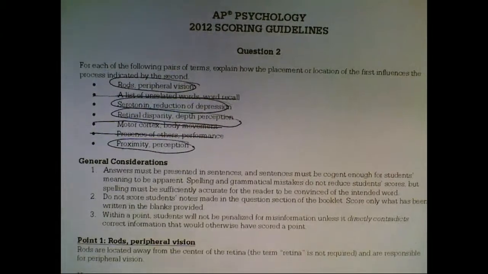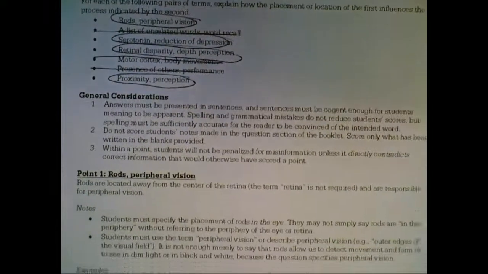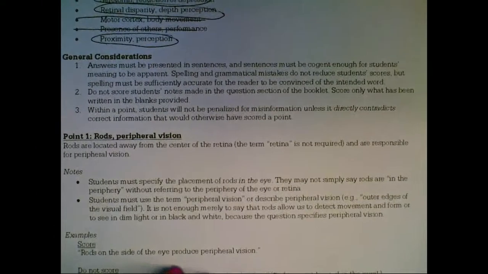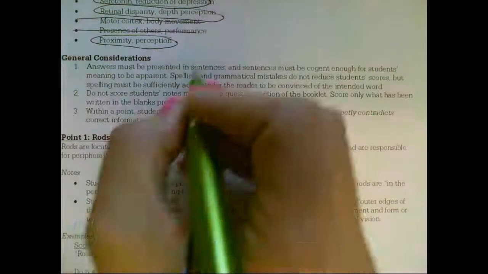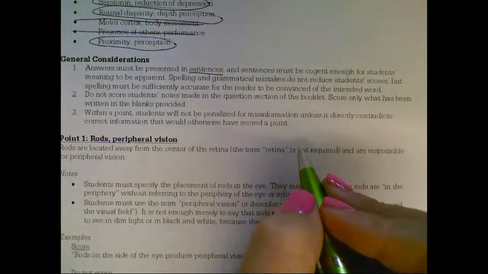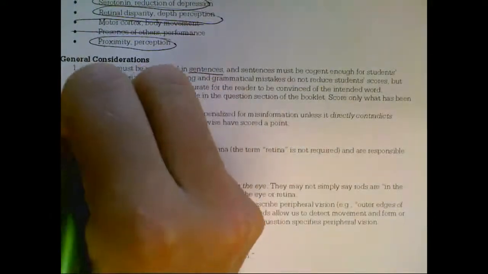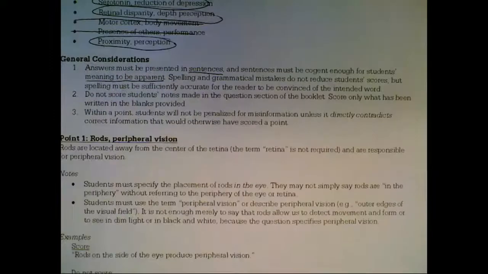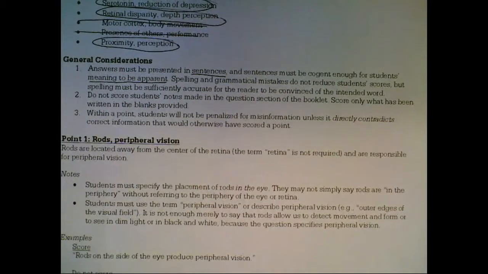Okay, so let's look at their general considerations for what they scored for question 2. It says answers must be presented in sentences, and sentences must be cogent enough for students' meaning to be apparent. You don't want them to be guessing what you were trying to write. Spelling and grammatical mistakes do not reduce students' scores, but spelling must be sufficiently accurate so that the reader is convinced of the intended word.